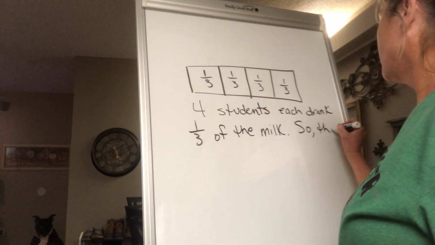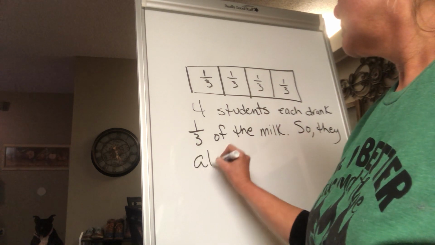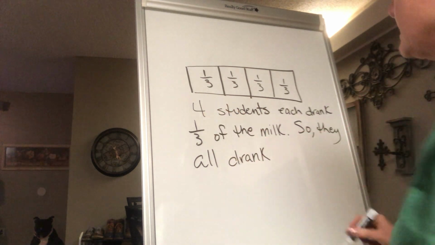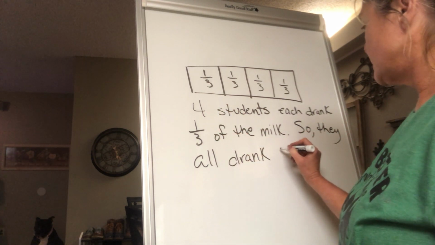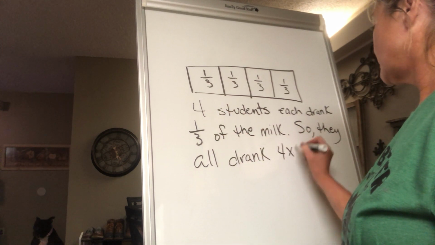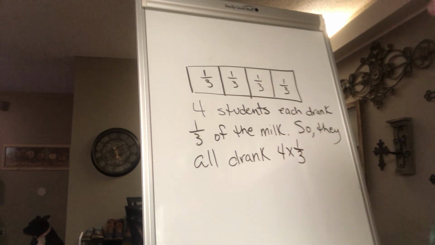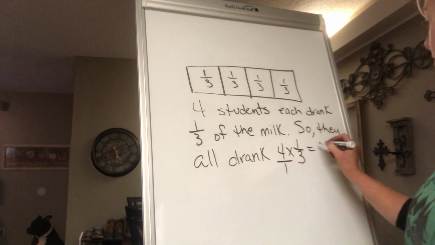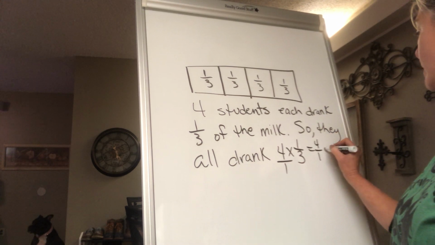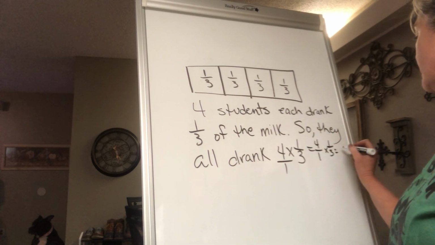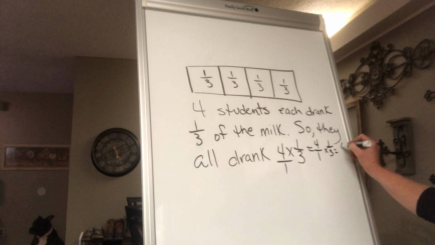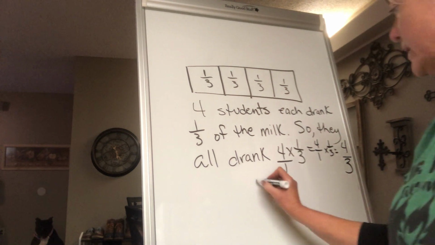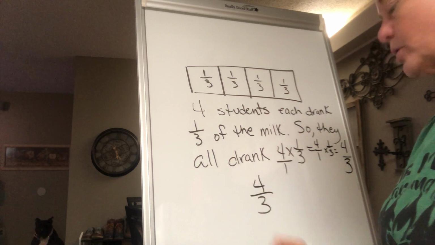So they all drank, and then let's see, we would have 4 students that drank 1/3. So if we look at this as a fraction, we would have 4/1 times 1/3, which would give me 4 times 1 is 4. 1 times 3 is 3, so it would give me 4/3.